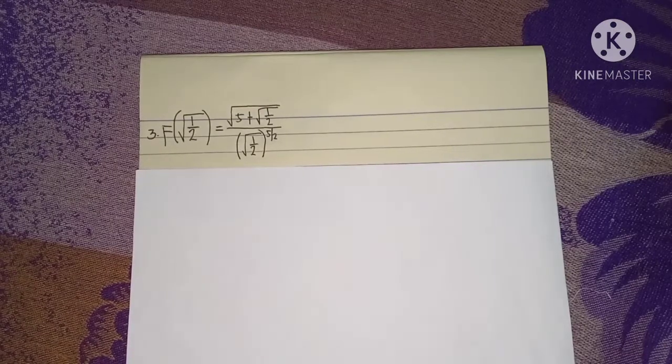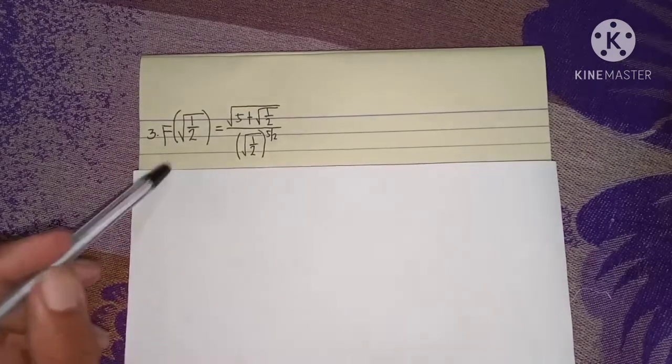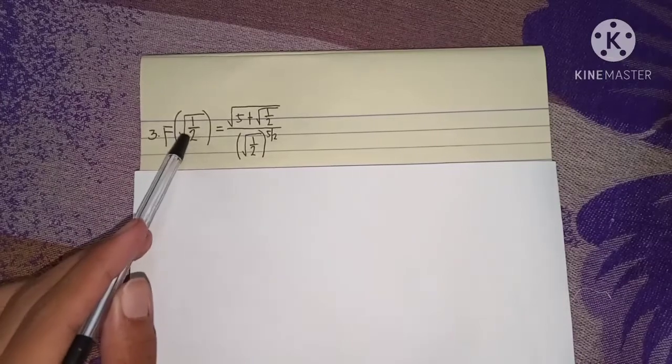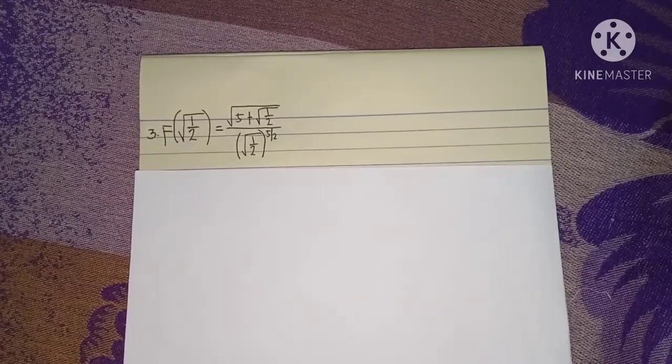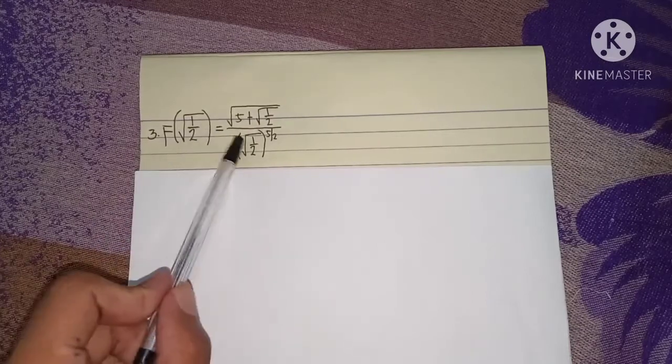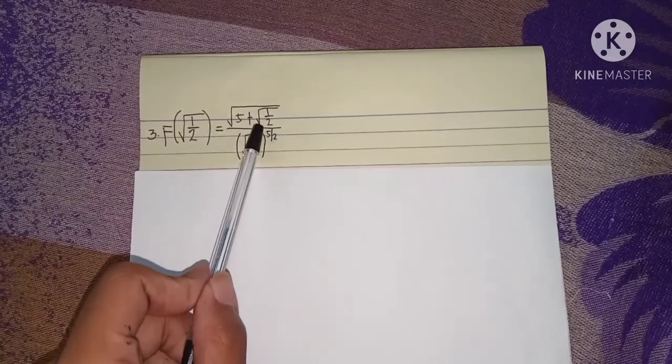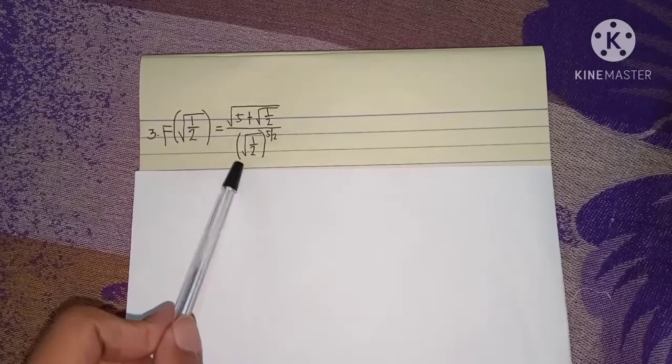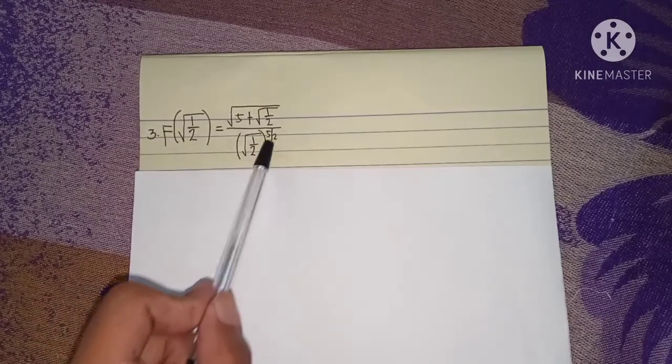Our third value is f of square root of 1/2. Again, we just substitute. So square root of 5 plus square root of 1/2 over square root of 1/2 quantity 5/2.